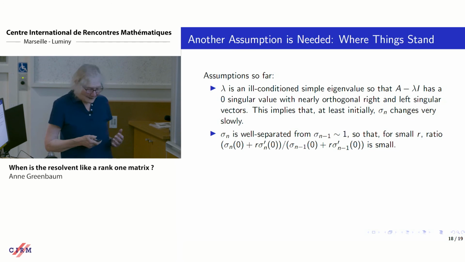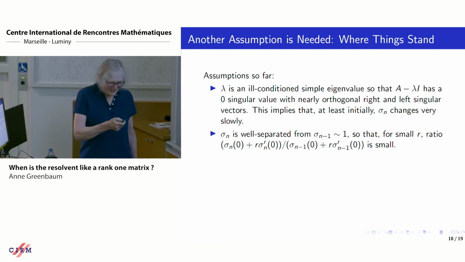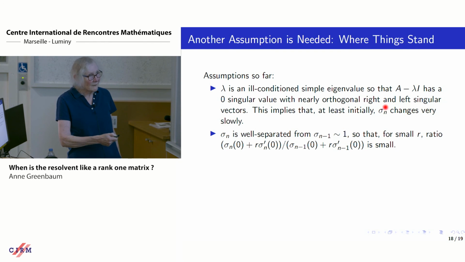So what have we taken into account? All right, let's quickly say what we have taken into account, and then I will stop. If lambda is an ill-conditioned simple eigenvalue of A, so that A minus lambda I has a 0 singular value with nearly orthogonal right and left singular vectors, this implies, at least initially, that sigma n changes very slowly.